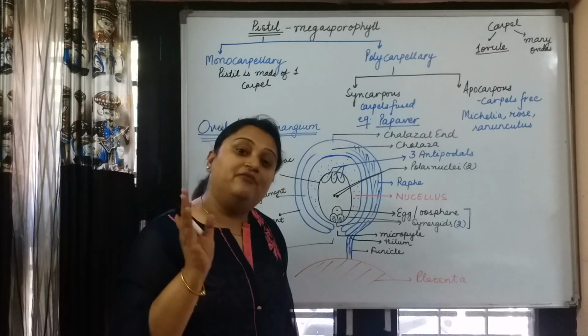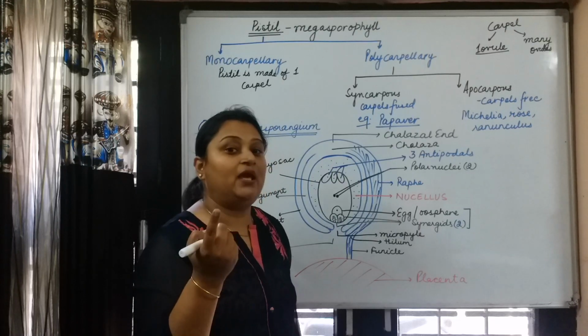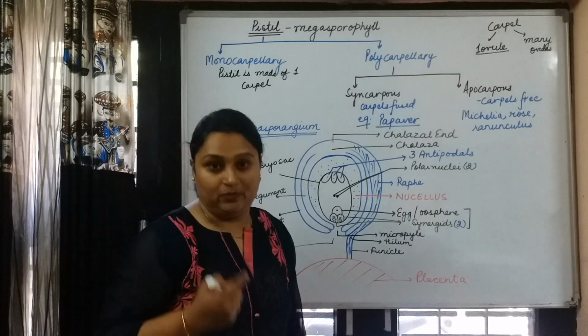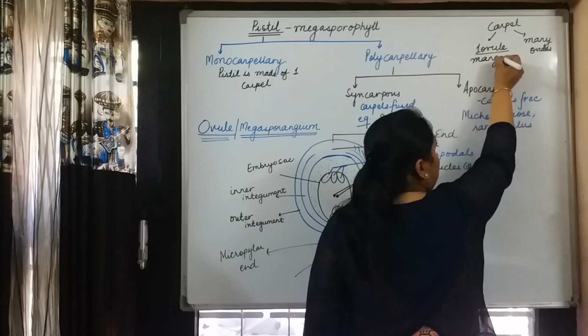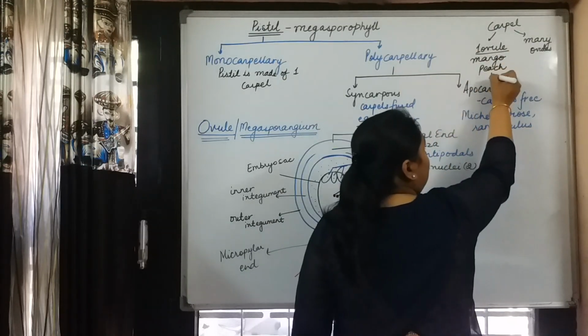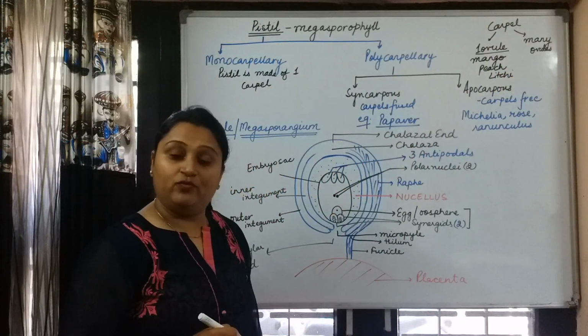That means a fruit which is having one seed will be termed as having one ovule. For example, we have mango, peach, lychee. These are examples of fruits which are having one ovule.